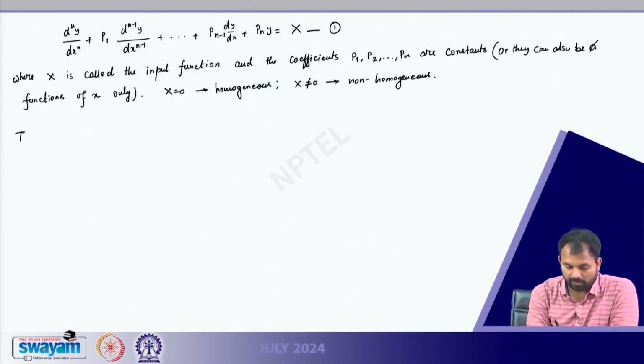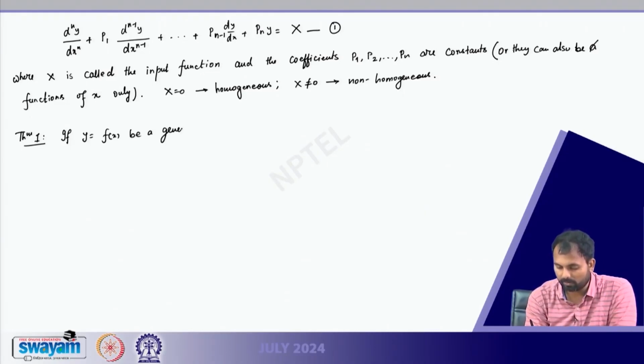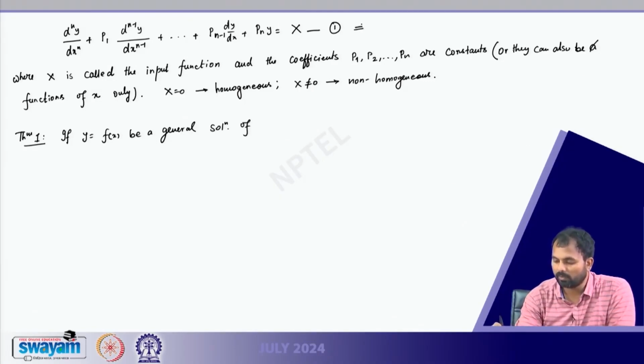Now, there is a little theorem here which I want to state. Let y = f(x) be a general solution of, okay, here I will introduce a notation so that I do not have to write this big expression. Let us call it D, this symbol, D y = X. Let us call it equation number 2.